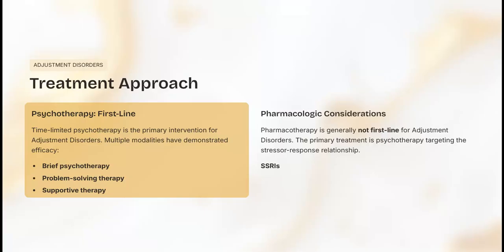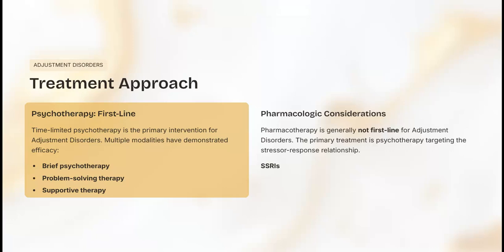So treatment approaches for adjustment disorders. Psychotherapy is the gold standard. Time-limited, focused work is the primary intervention. Multiple modalities are effective. Brief therapy, problem solving, and supportive approaches all have evidence.